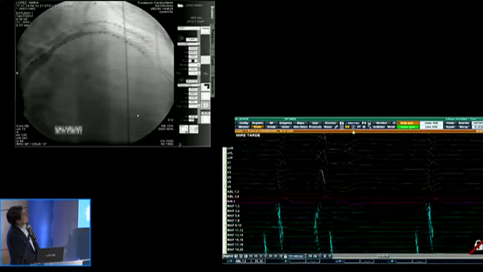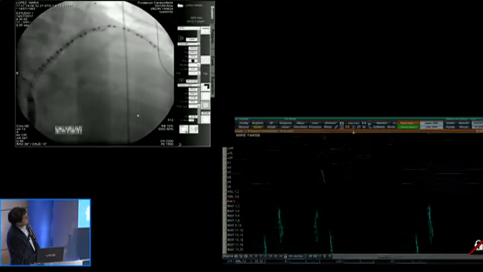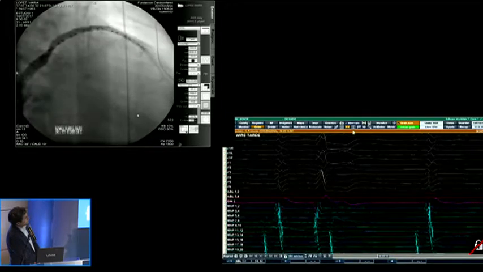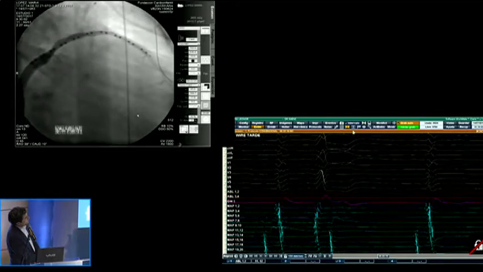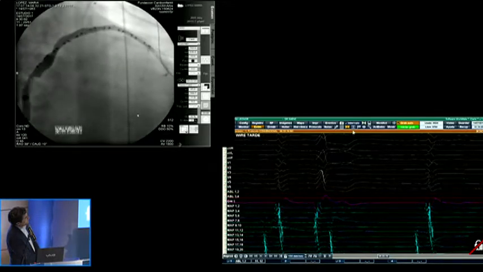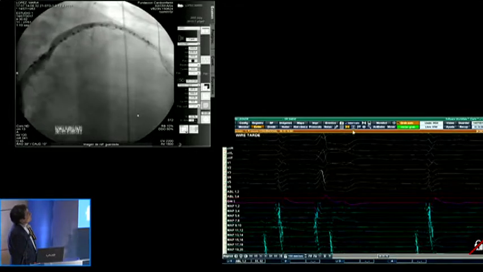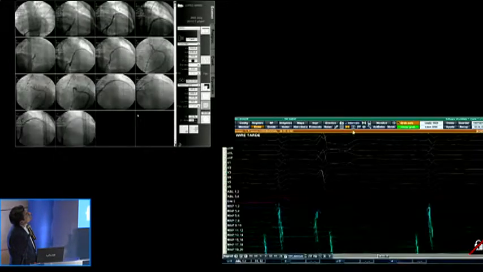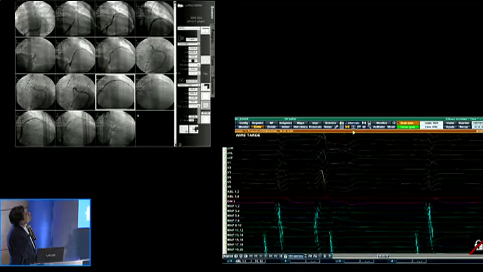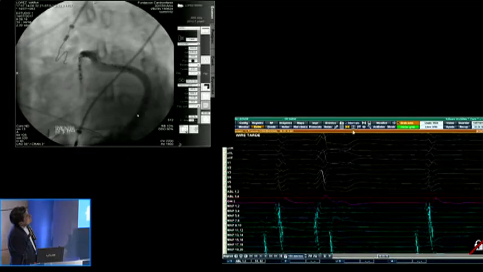And it's important to understand the angiographic projection. This is the right oblique caudal to understand the relationship to the anterior interventricular vein, the direction of the perforating veins. In the left oblique, we can see that the perforating veins don't go downwards, but they turn to the right.